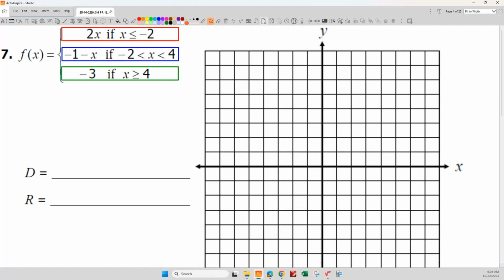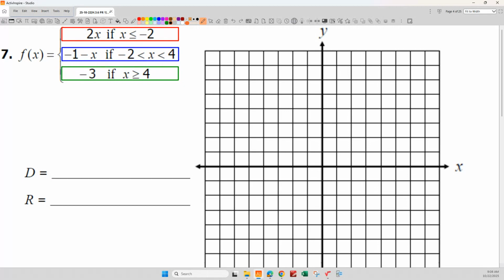Okay, so what are our goals here? Well, we want to do a couple things. We want to know how to evaluate a piecewise function. Before we do anything, let's just try to evaluate this function.